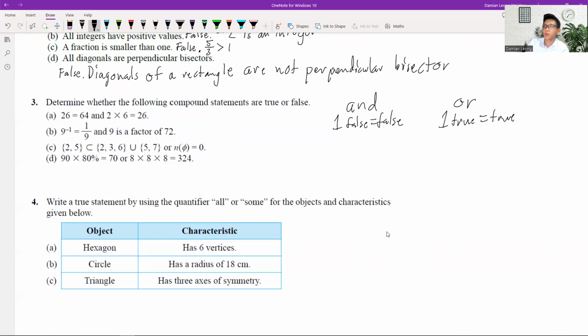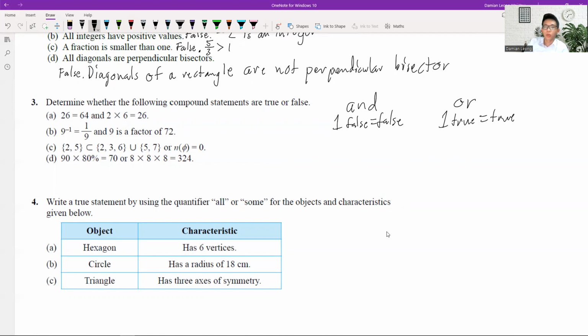For AND statements, you need both to be true in order for the whole thing to be true. So as long as one of it is false, then I know the whole thing is false. For OR statements, as long as one of it is true, then it's correct. Because it's either this or this. It's either a boy or a girl. Definitely one of it is true. But if I say he's a boy and a girl, that doesn't make sense.